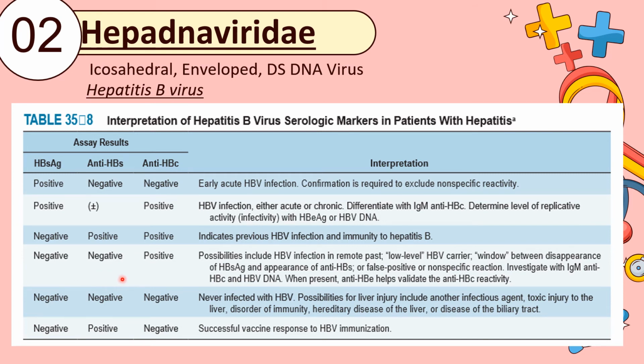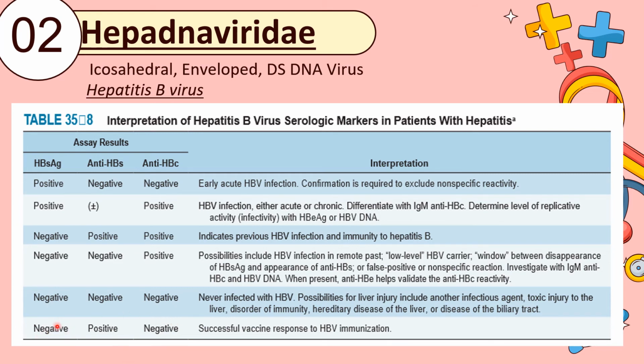It might be recommended to further analyze which among the anti-HBc is present to help validate the infectivity. Furthermore, if you have negative parameters for HBs antigen, anti-HBs and anti-HBc, this could mean the individual has never been infected or has no history, because there is no marker for hepatitis in the serum.